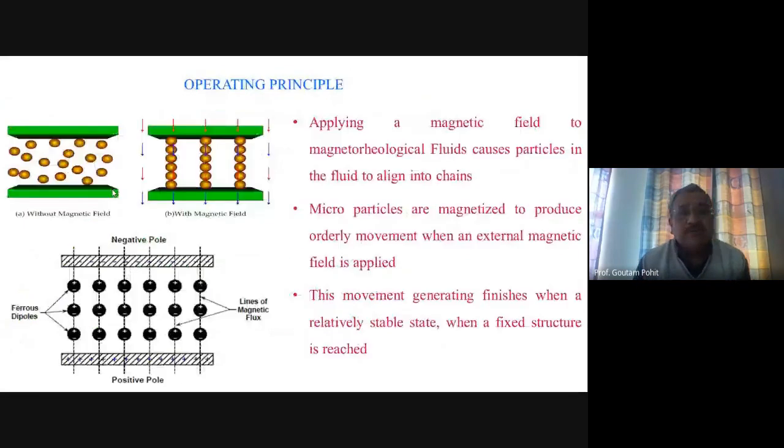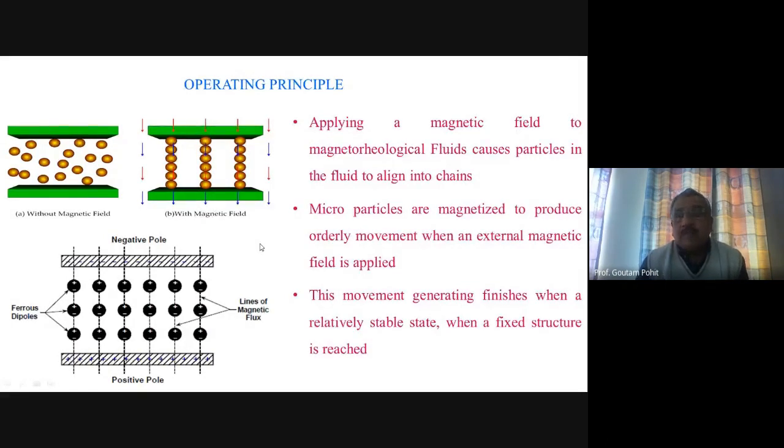Now, what is the operating principle of an MR fluid? Suppose there is an MR fluid between two plates. At present, without the application of a magnetic field, the particles are randomly oriented. With the application of a magnetic field, they will be lined up.